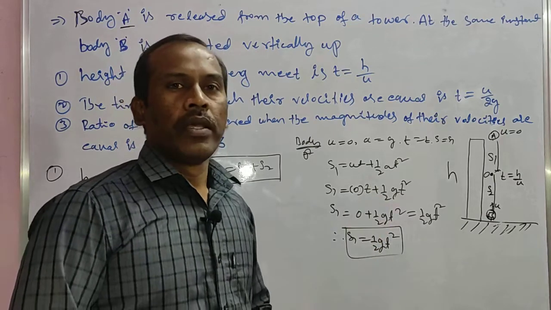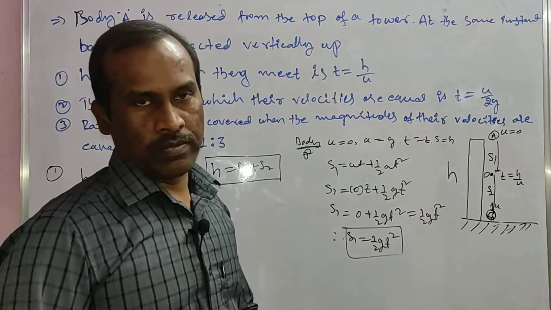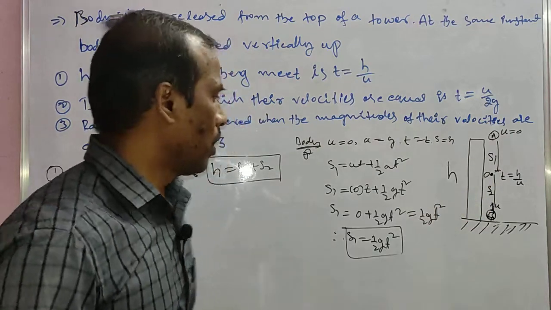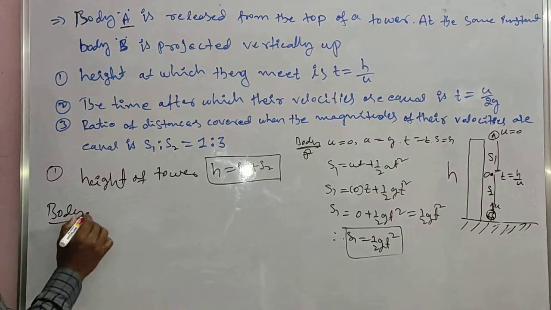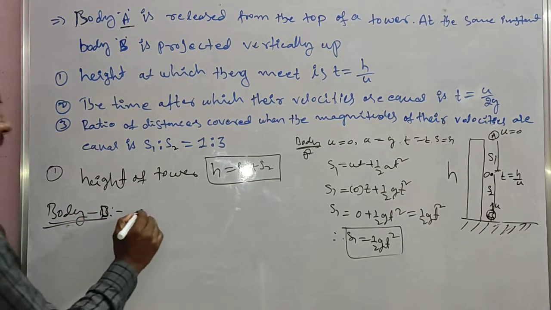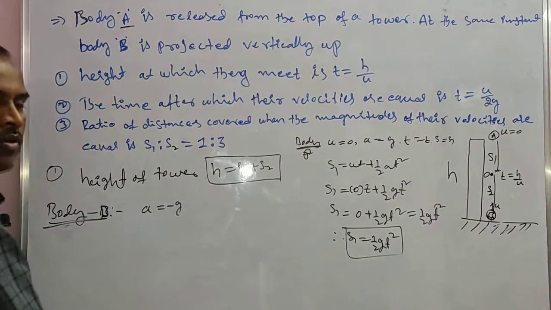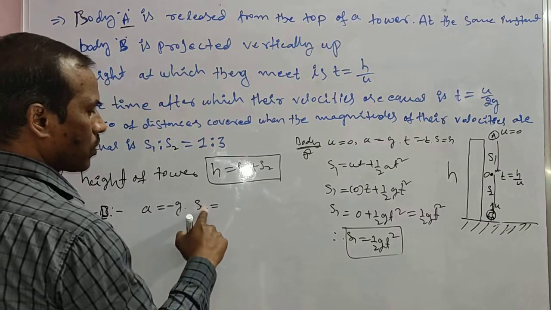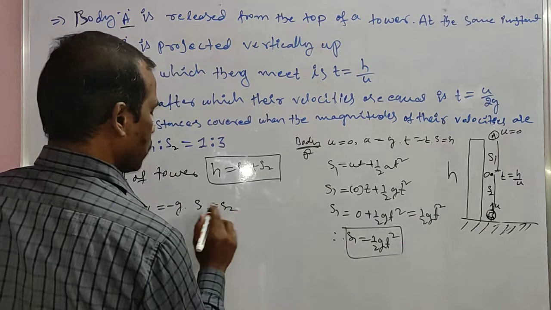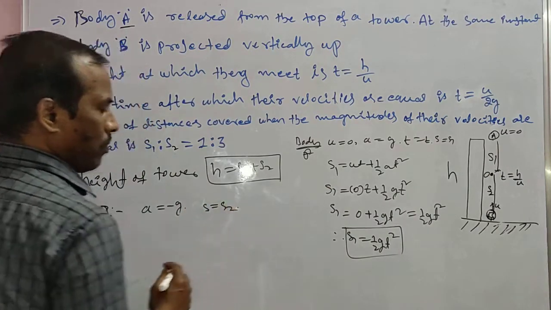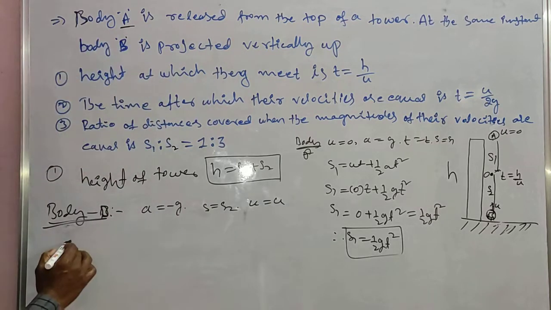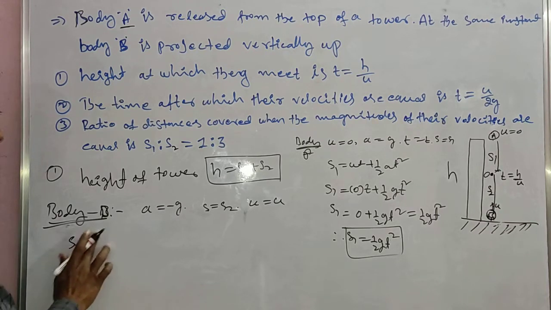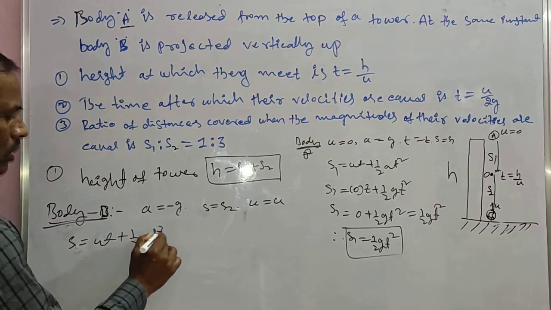Next, the distance covered by body B to reach point O at any instant t. For body B, a is equal to minus g because the body is moving in the upward direction, and the displacement S is equal to S2, with initial velocity U. Using the second kinematic equation, S is equal to ut plus half at square.